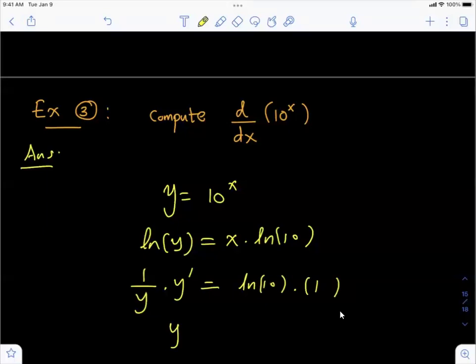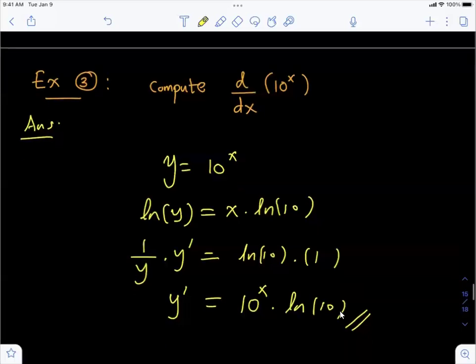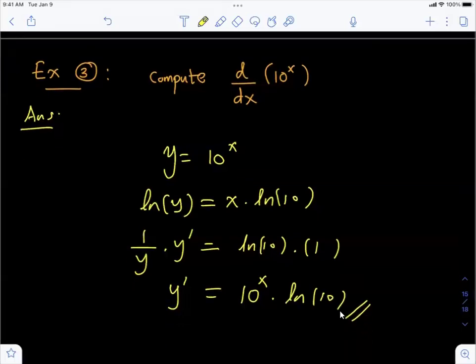So the answer for y prime is none other than y times, cross multiply by this term. So y prime, y is none other than 10 to the x already. So I will just put it there, 10 to the x, and then ln 10. That's our final answer. So if somebody asks you about this, that's none other than the answer.